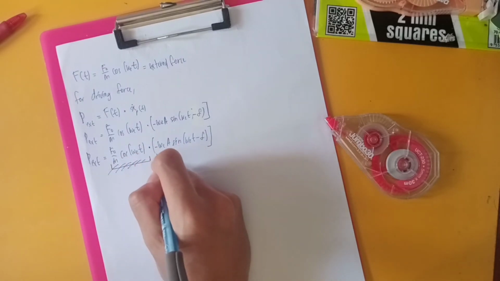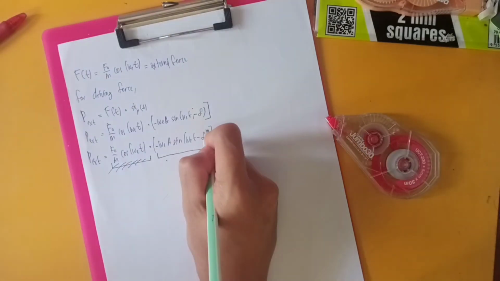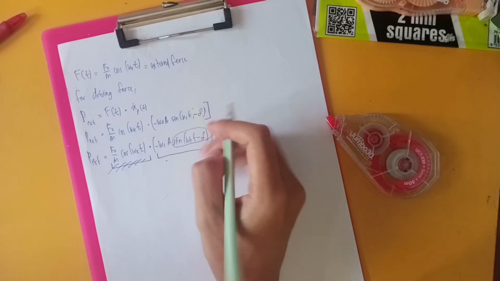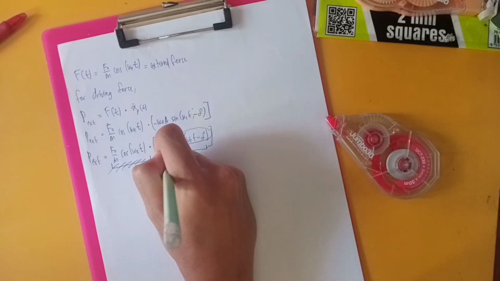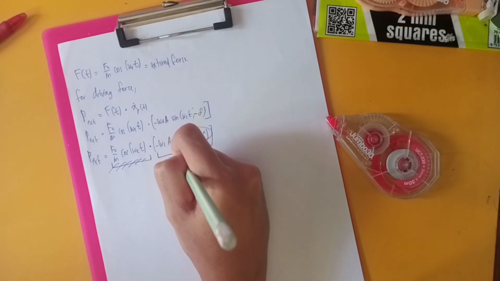Look at here. So this one has a form for the sine trigonometric identity, which is sine of A minus B, it should be negative here.